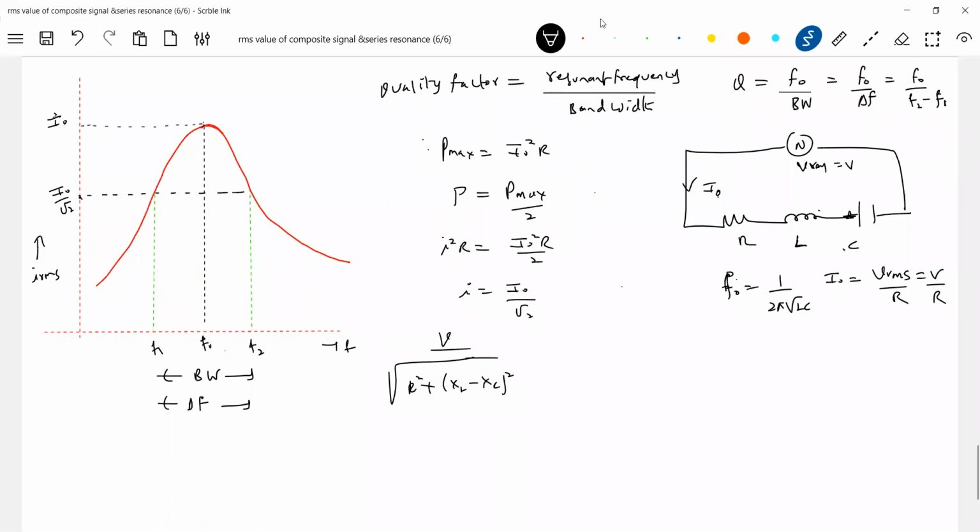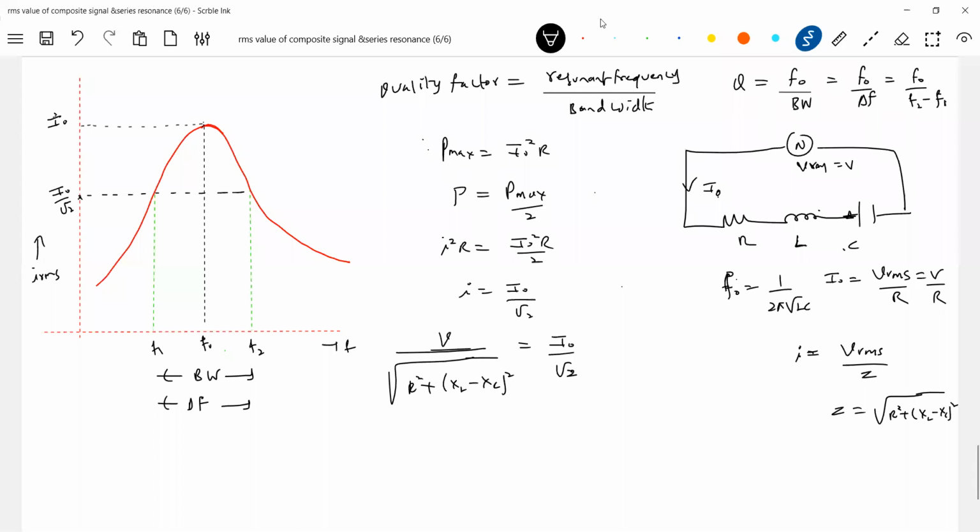Now you should really ask me, sir, from where you brought this. At resonance, the current I will be Vrms by Z. If it is not at resonance, you still write Vrms by Z. Because this current which is flowing here is not at resonance.